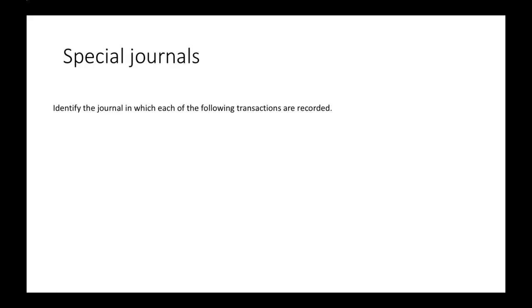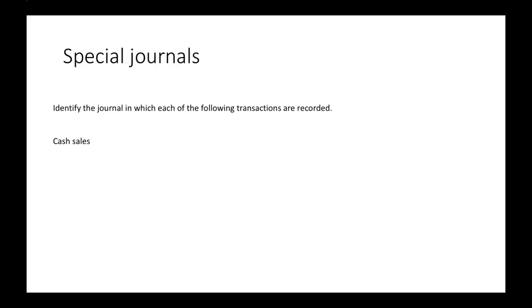Because if cash is in any way involved in a transaction, you know it's either going to be the cash receipts or the cash payments journal. If cash is not involved, then we can think about the sales journal, purchases journal, or the general journal.